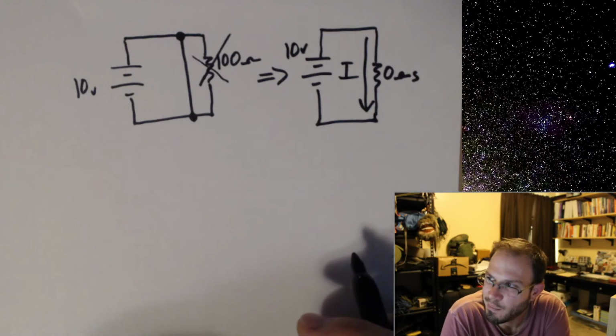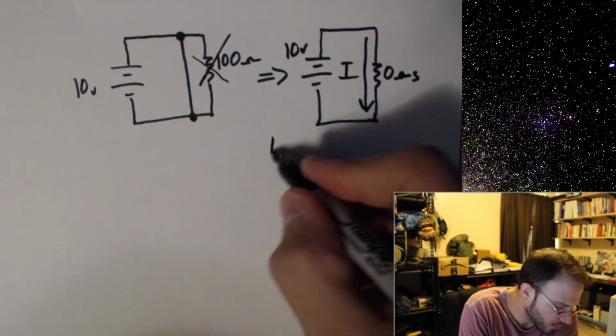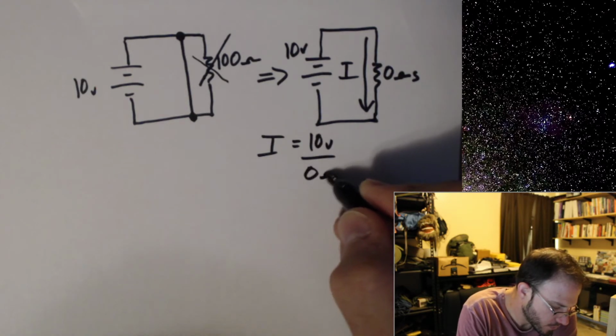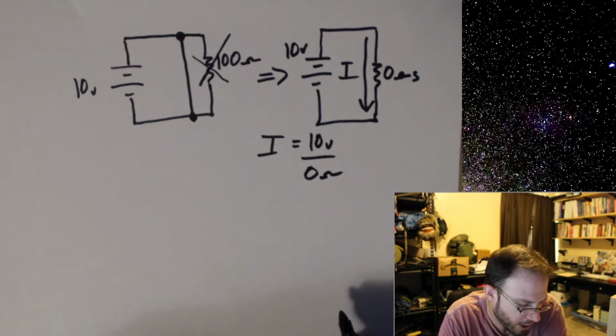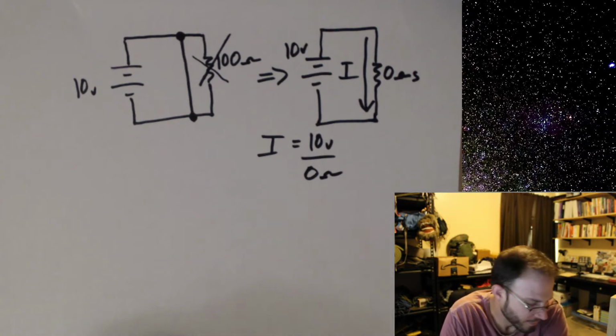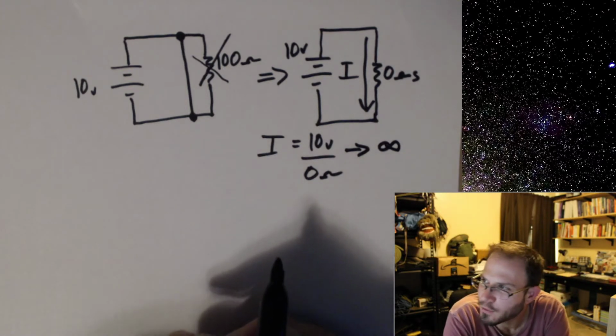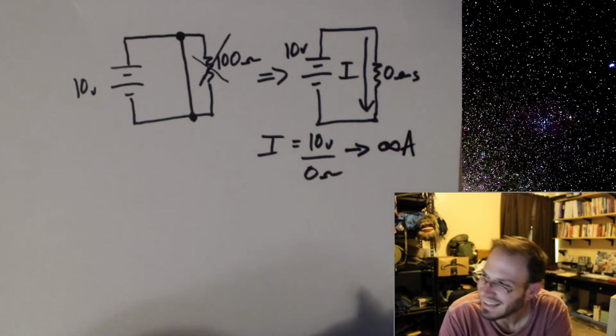So what does I end up being in this circuit? Well, apparently mathematically undefined. It goes to infinity. A lot of amps.